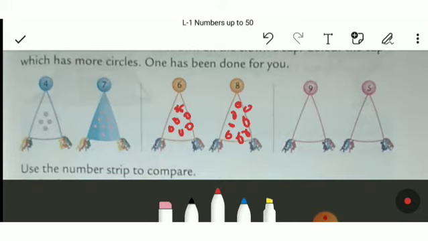See, now can you identify which circles are more in number? 8. Yes, so 8 is the bigger number here, and you have to color the cap which has the bigger number of circles. Okay, so you have to color this cap with number 8.